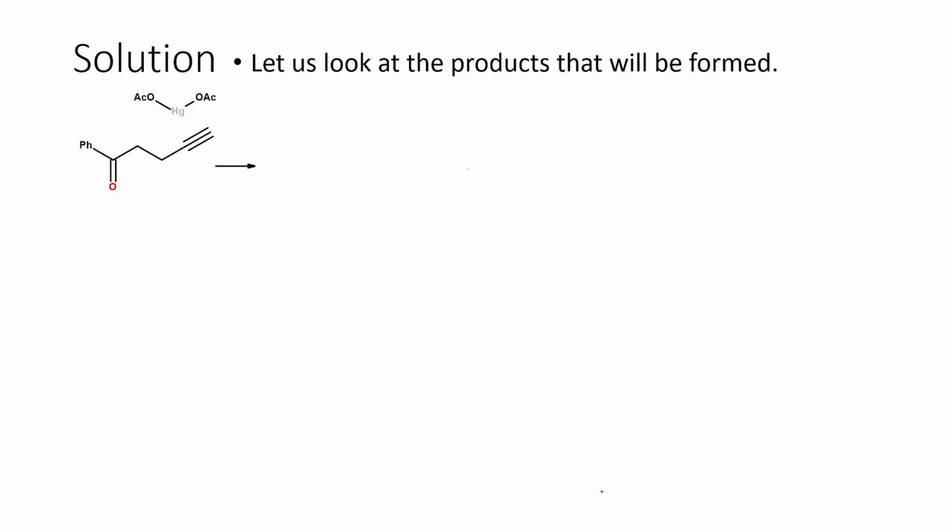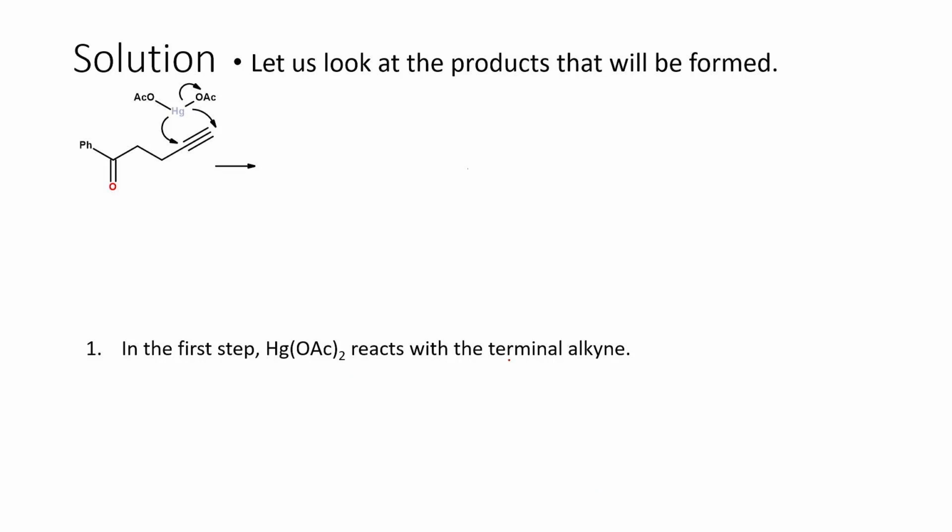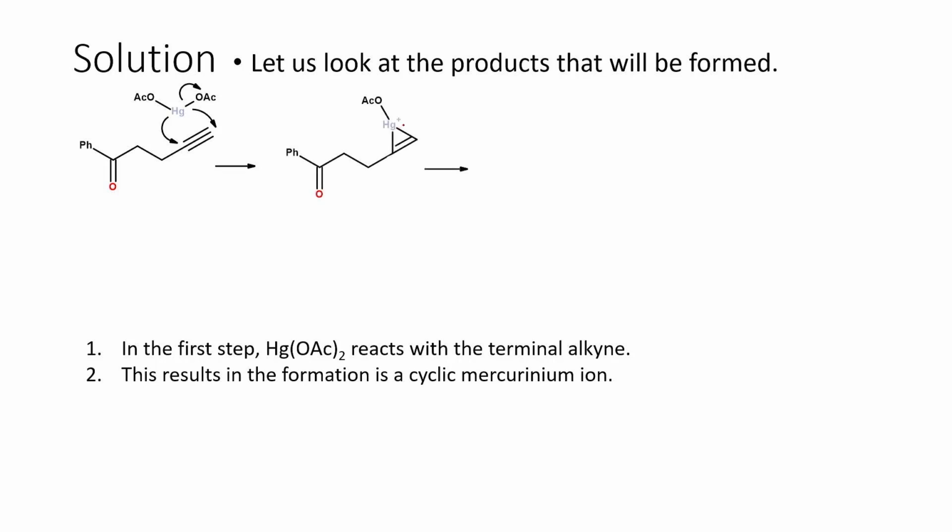The first step is the reaction of the alkyne with the mercuric acetate. Here a cyclic three-membered mercurinium ion is actually formed in the first step with the loss of acetyl unit. This is a nucleophilic center, and mercury is an electrophilic center in this particular case.